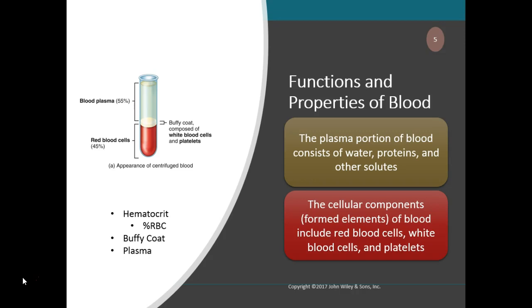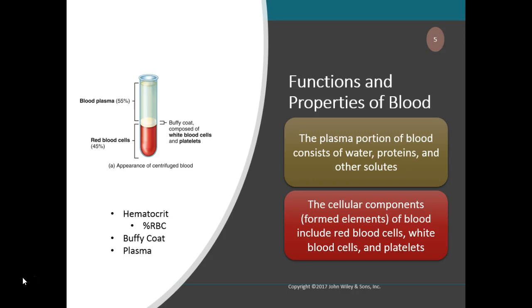The fibrinogen is an inactive clotting factor. Some of those globulins are antibodies, which are a component of the immune system. Other than those proteins, the plasma also has other solutes, such as electrolytes and nutrients, enzymes and hormones and gases and waste products. So it's not just a fluid matrix. There's a lot of stuff dissolved in that plasma.